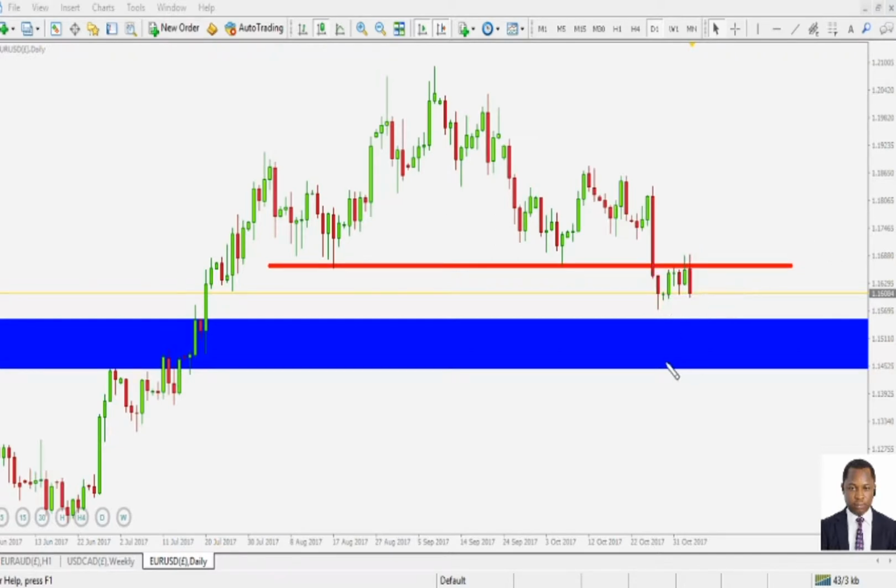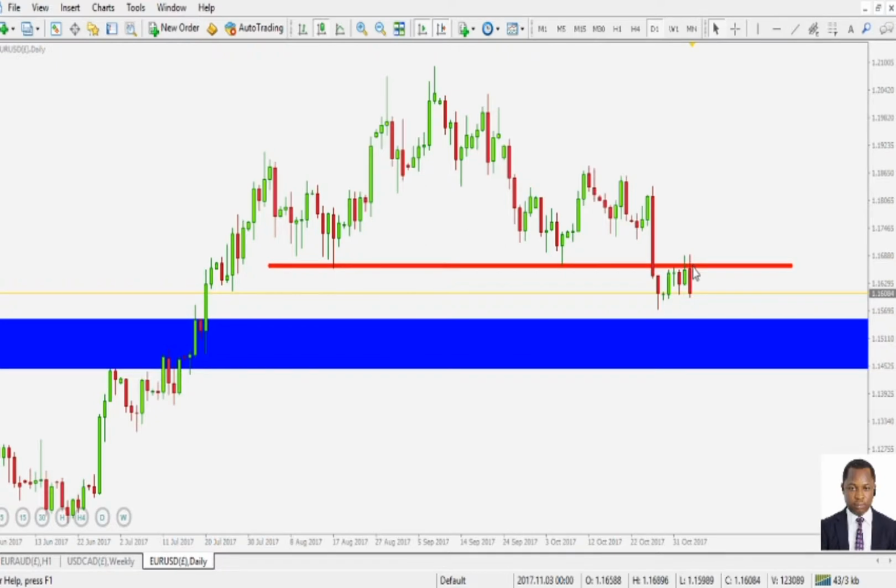Aside from that, we had already talked about this area here being a possible level of heavy support. Price might drop down into that area, come back in from there, and bounce to the upside. We had also talked about this counter trend line.